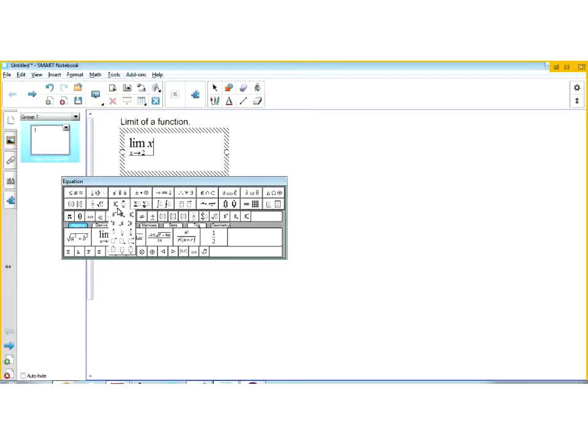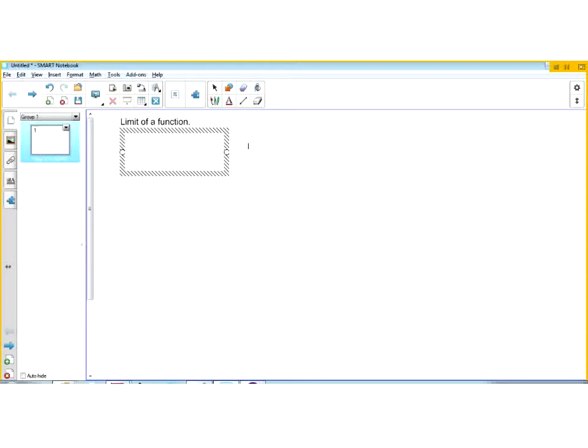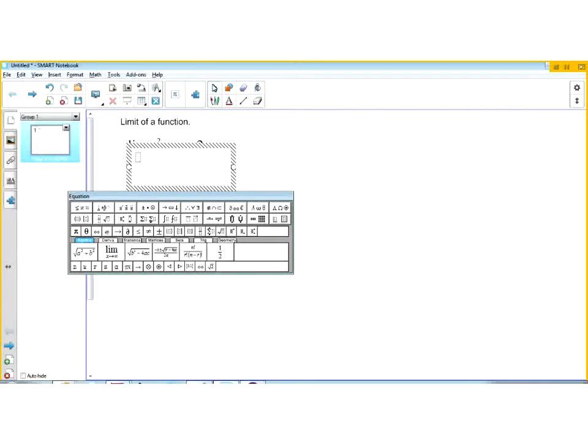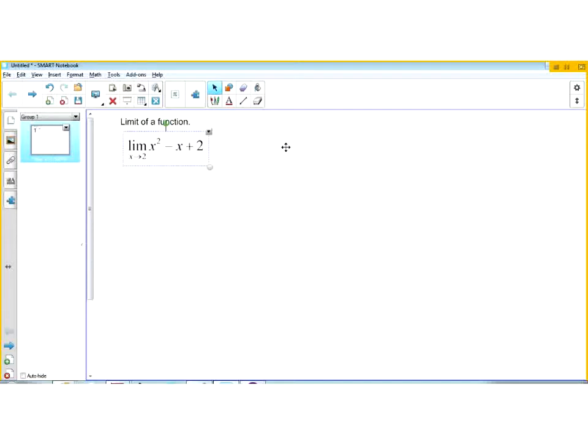So we want to evaluate the limit of this function. That's our objective. What if we were to look at the graph of the function?